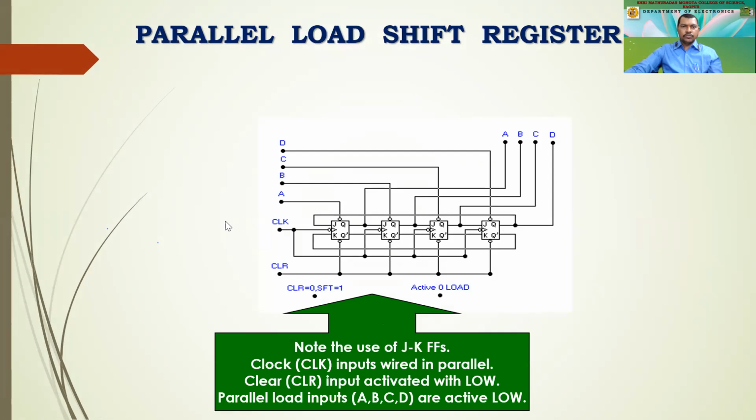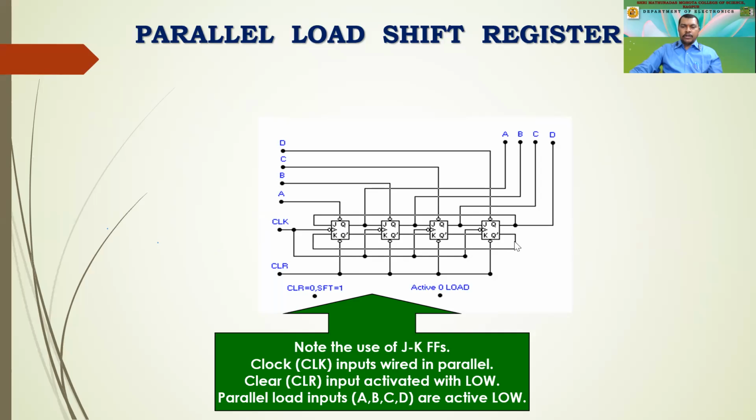Parallel load shift register. So we are having this parallel load shift register over here. We are using JK flip flops, and if you are able to see, we have just connected the input of the first flip flop to the output of the last flip flop.